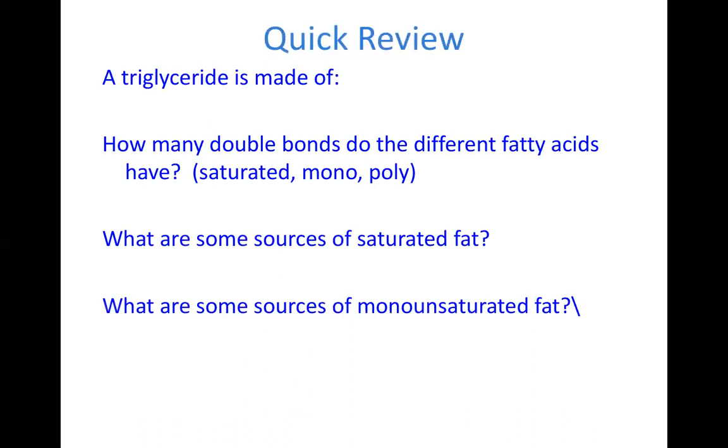Monounsaturated fats were found primarily in olive oil, but also canola and peanut oil. And then trans fats. I said trans fats can be produced chemically, and so they used to be found in things like pie crust, pudding, chips, cookies, pies, margarine.